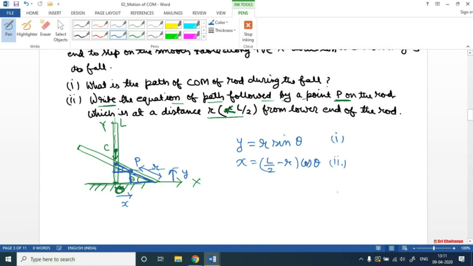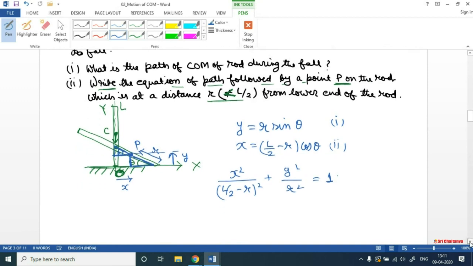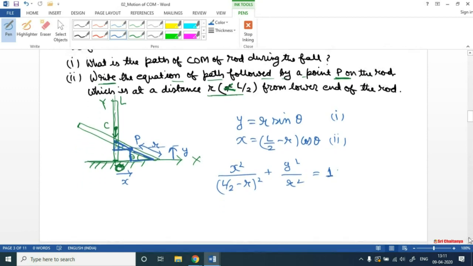Solving these equations, eliminating theta, we get x square divided by (L by 2 minus r) whole square, plus y square by r square, equal to 1, which is the equation of an ellipse. That is the equation of an ellipse if r is not equal to L by 4.